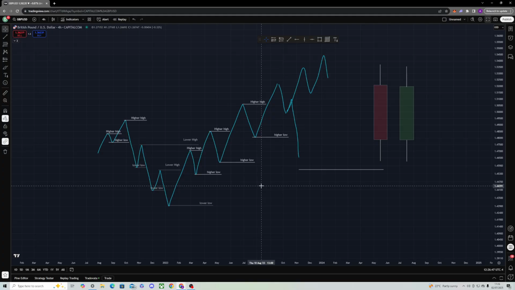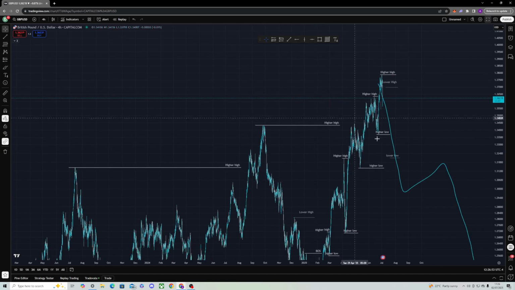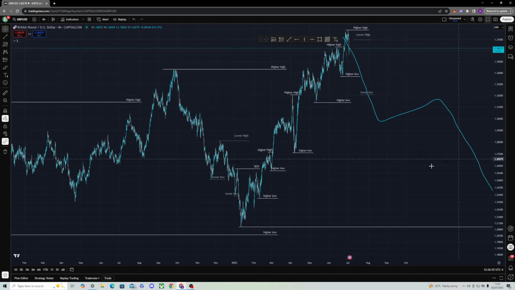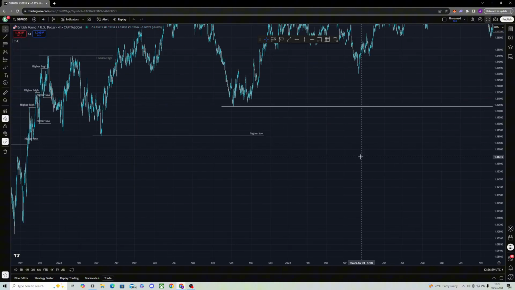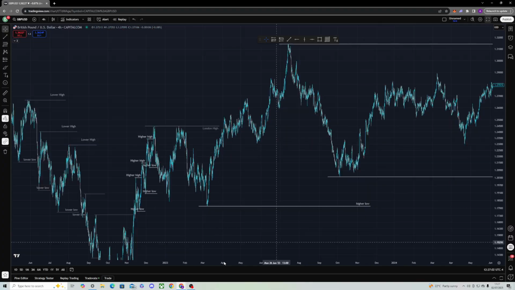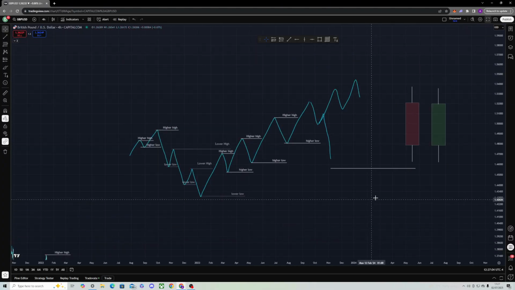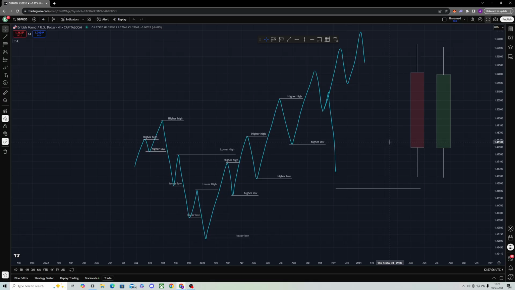Now pause the screen, have a little look if you want, but I'm going to show you some real chart examples. First, you have the internal range of liquidity, internal highs and lows, and then you have external highs and lows.